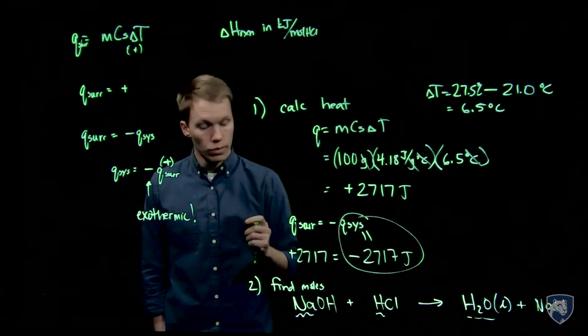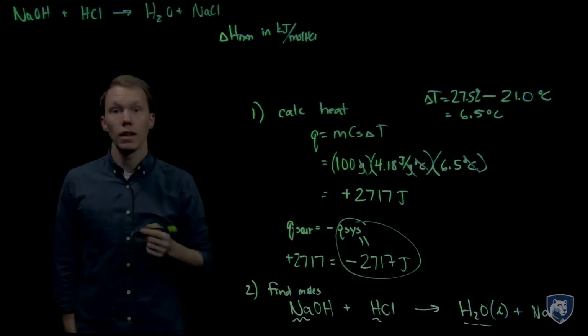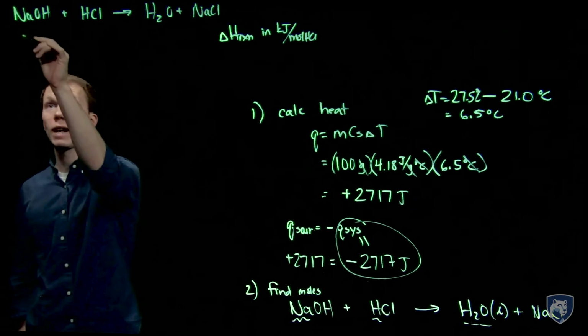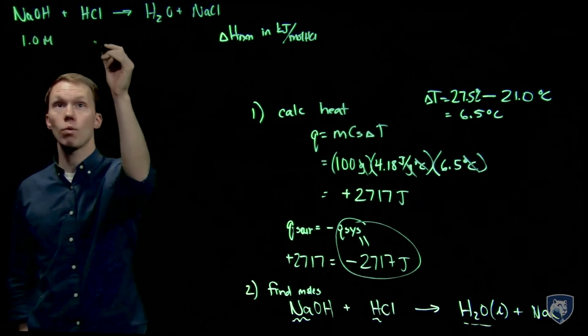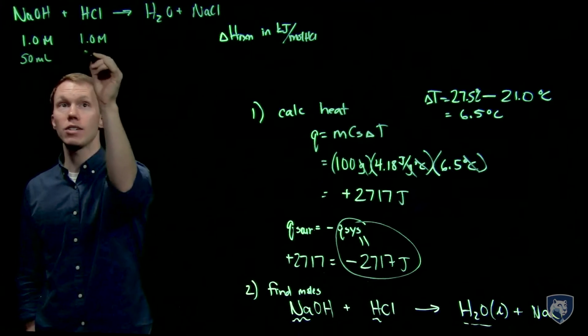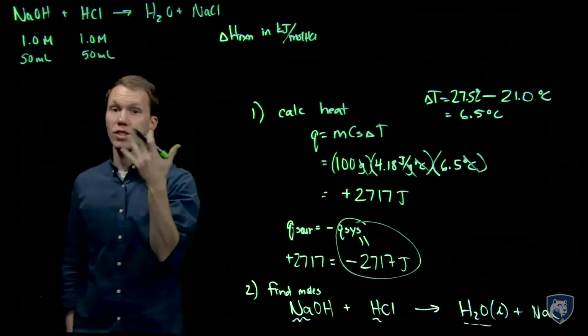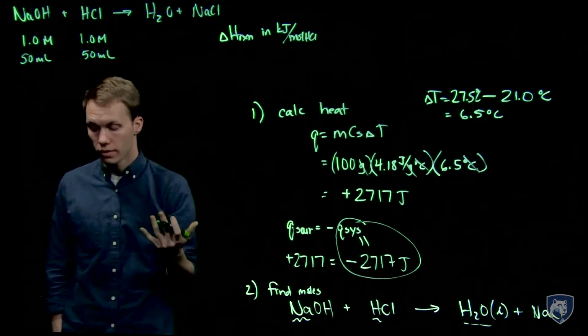So we need some more space, so let me erase. Okay, so we need to write down the information. We're reacting 1 molar solutions, 50 mL of each, and we're on our way to find moles of HCl that were used in this reaction.